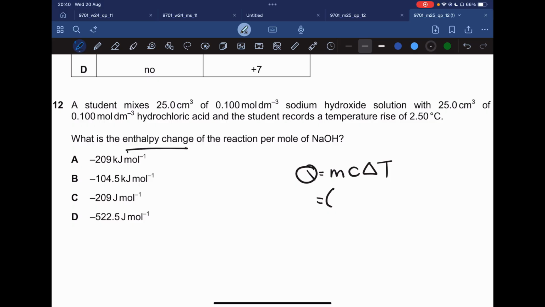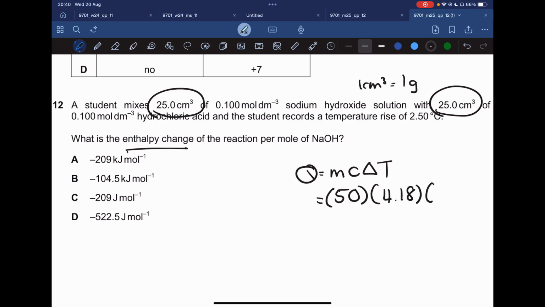Now for the mass of water, we're looking at the total volume. Remember, 1 centimeter cubed is equal to 1 gram of water. So we're looking at actually 50 grams of water, and c is 4.18, and for delta T, it doesn't matter if it's in degrees Celsius, we can just have it as is.